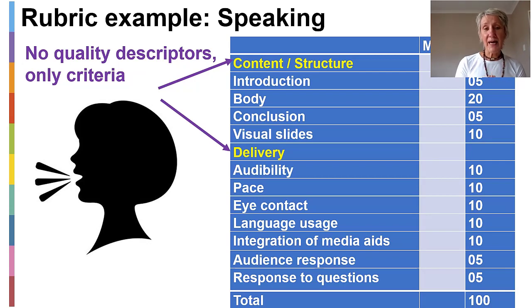Under delivery, I'd have audibility, pace, eye contact, etc. What I do with this kind of rubric, I normally give copious comments underneath it, so it does take time to explain why I perhaps possibly gave 9 out of 10 for audibility, or I only gave 4 out of 10 for eye contact if they were reading all the time or not making eye contact with the audience. So this might make it more transparent for your students, but it does take a bit more time.